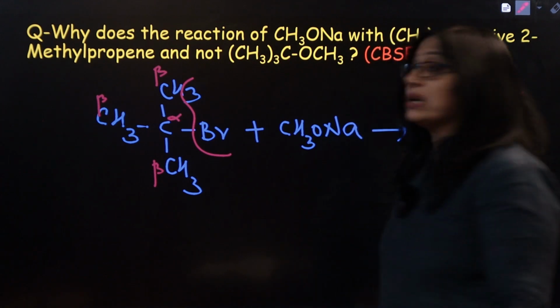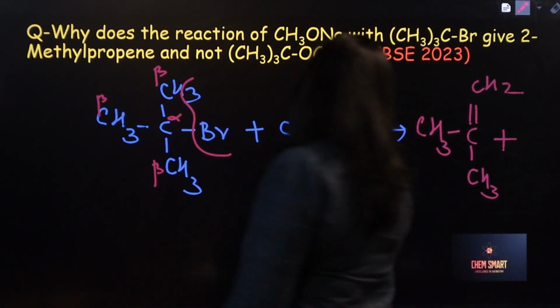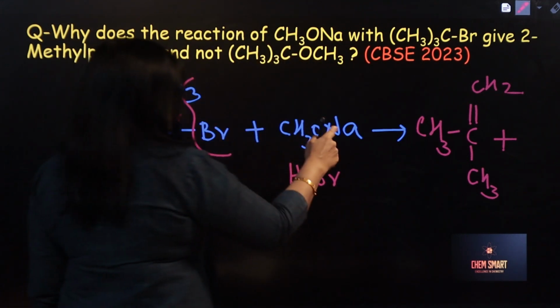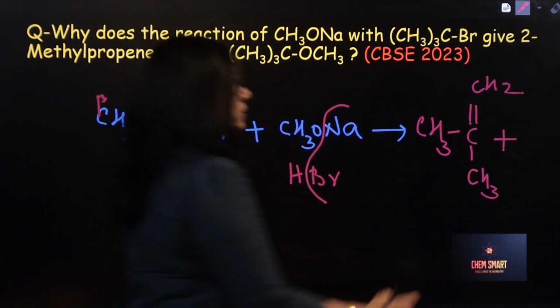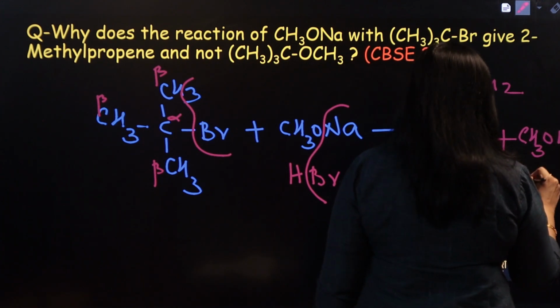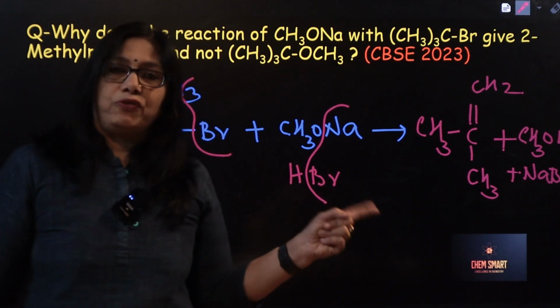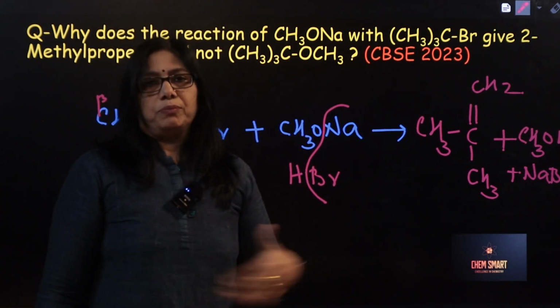And now, what are the byproducts? The HBr which we are removing from here will combine with this one to form NaBr and methanol. So those are the byproducts. And make sure to practice this area well from the chapter, because it is commonly asked in recent board papers.